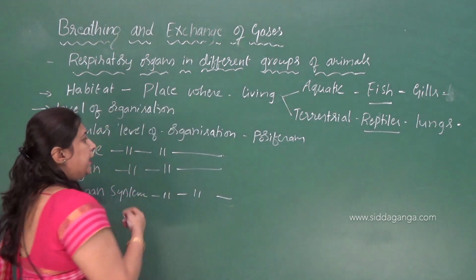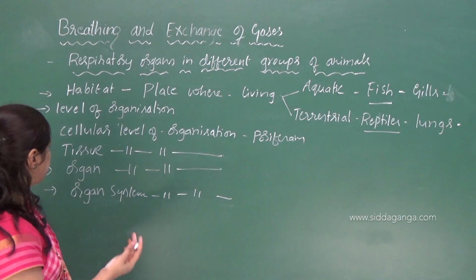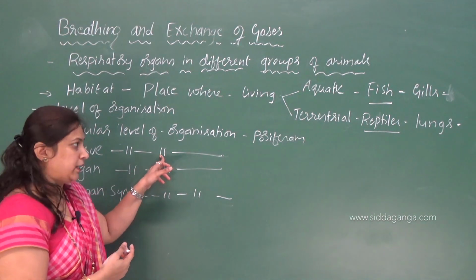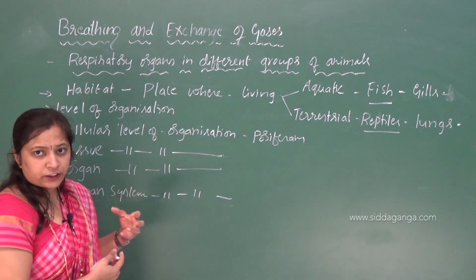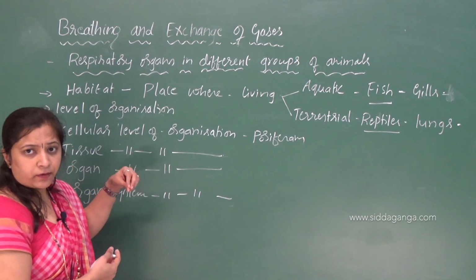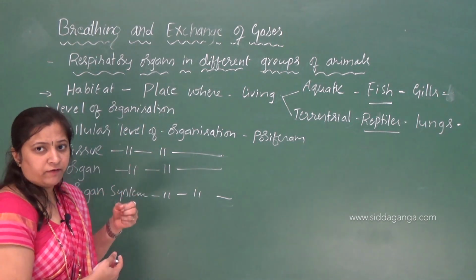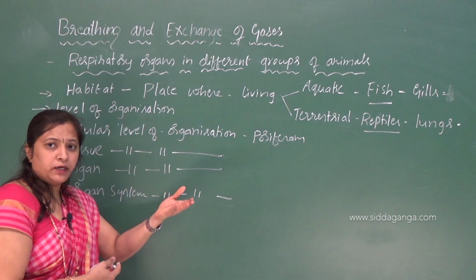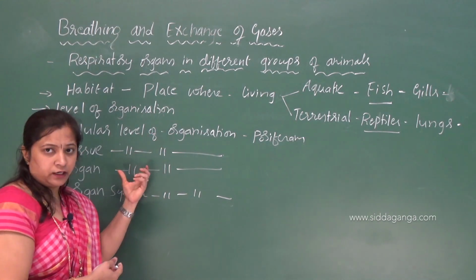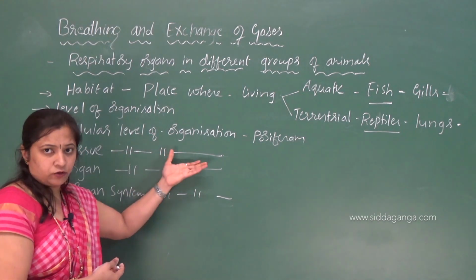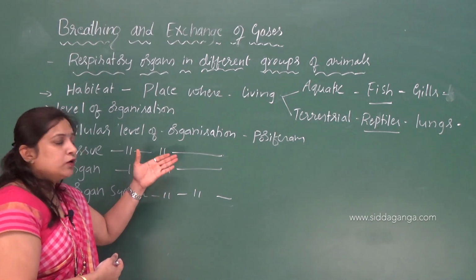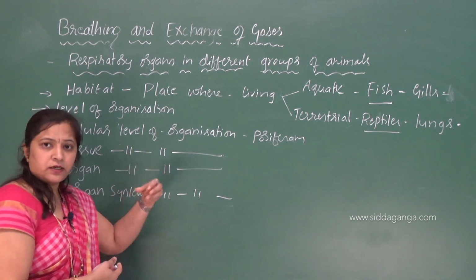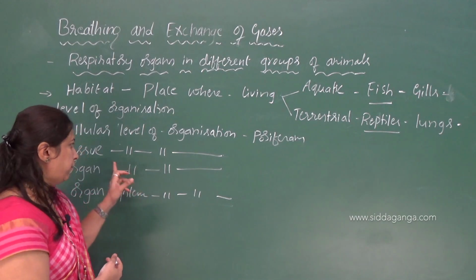And in the next higher phyla, we can see a tissue level of organization. The tissue is nothing but a group of cells which perform the same function. The tissues carry out the body functions. So here the body functions are carried out at a tissue level.